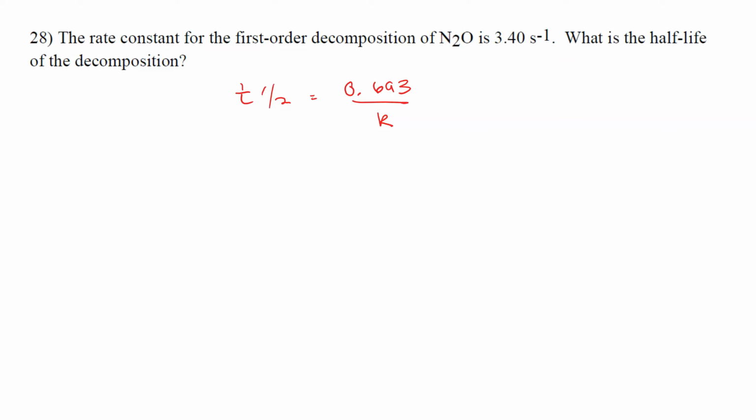It really is that easy because we're set up to solve for what we want. We only have 3.4 as our k. That's all we need because we have our 0.693 over 3.40 per second equals 0.204 seconds. So about 1/5 of a second is the half-life of this particular reaction under the set of reaction conditions.